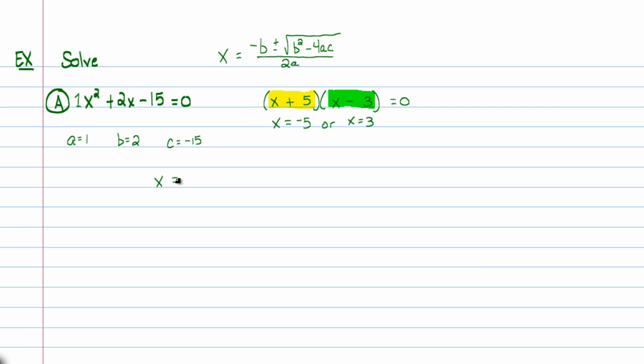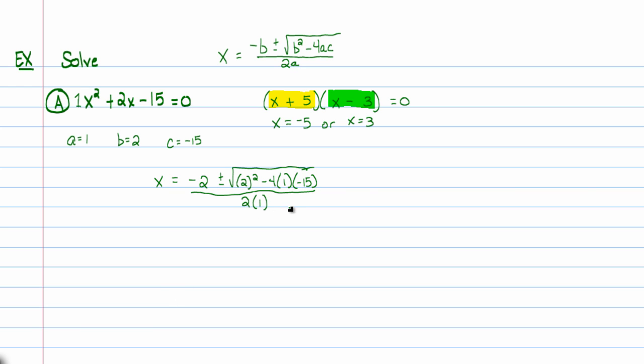We get x is equal to the opposite of b plus or minus the square root of b squared minus 4 times a times c, and finally all being divided by, don't forget that all of that is being divided by, twice a.